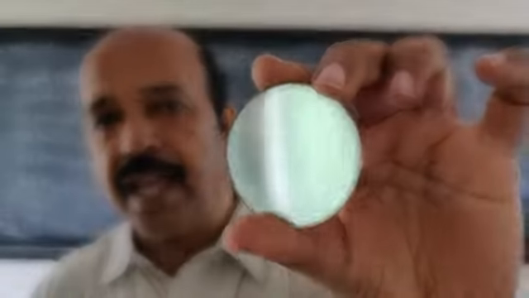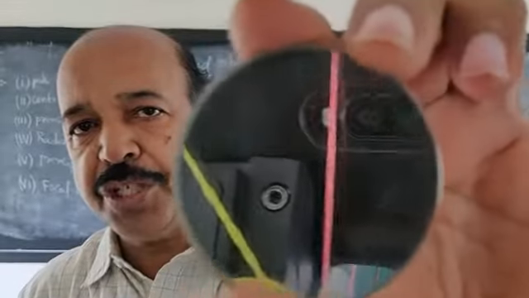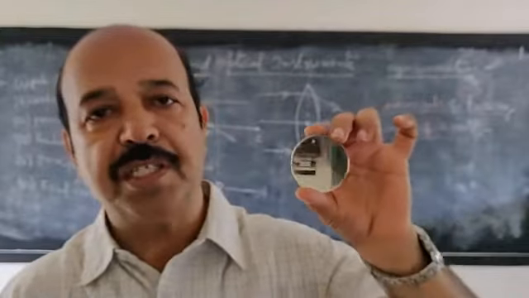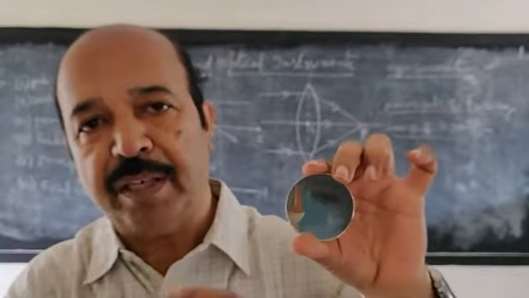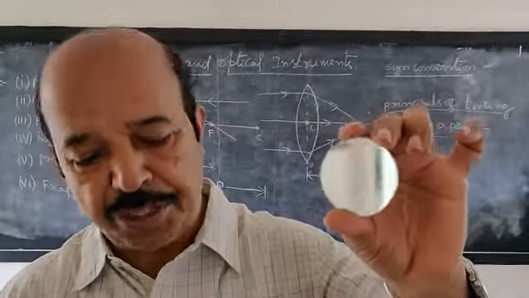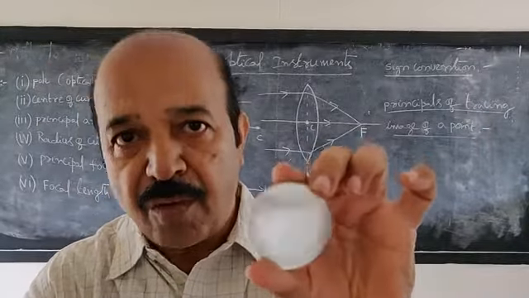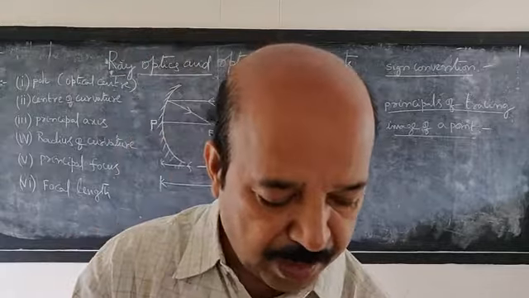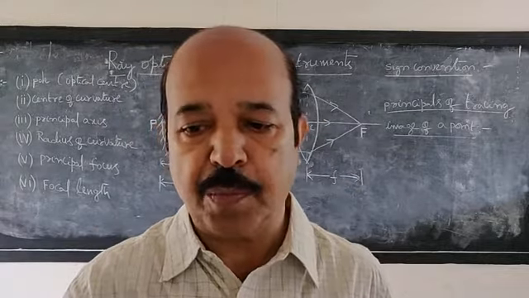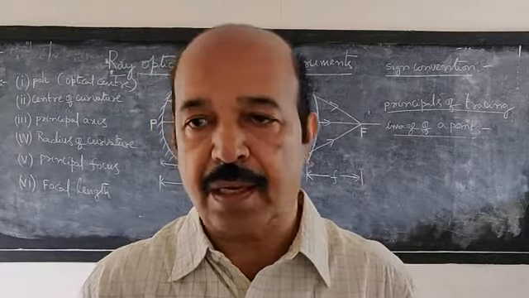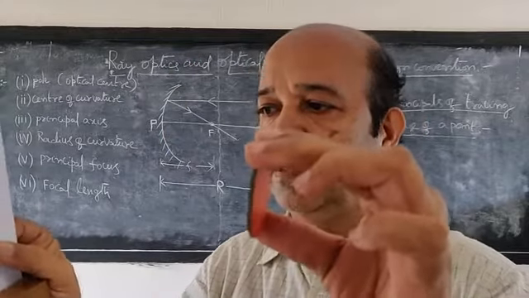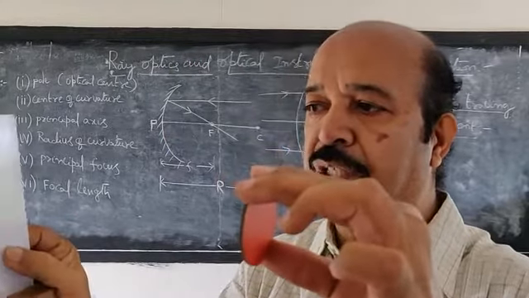Now you can see that at some positions the image is magnified. At some positions the image formed by the mirror is diminished. Now a mirror forms images by reflection. Let us expose it to some distant object and see the image formed by the mirror by reflection.